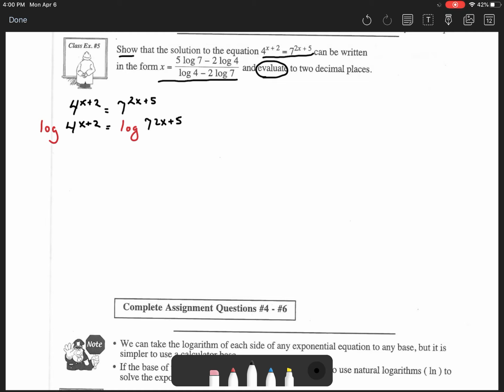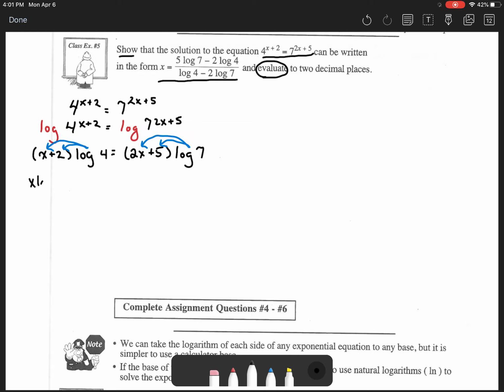Now both sides have exponents that are binomials, so when I bring them down in front, they go in brackets, don't they? So x plus 2 log of 4 and 2x plus 5 log of 7. So I have to distribute on both sides, here to here, and there to there, and there to there.